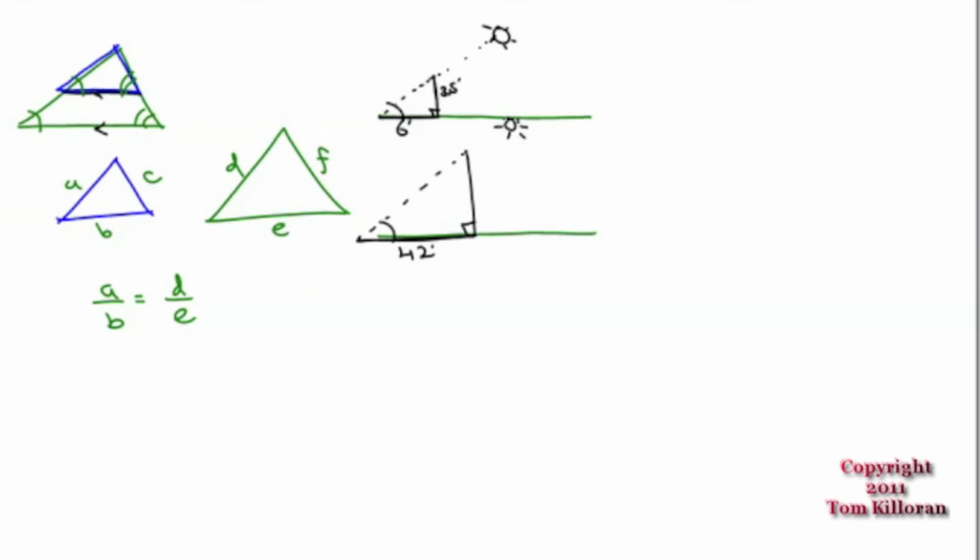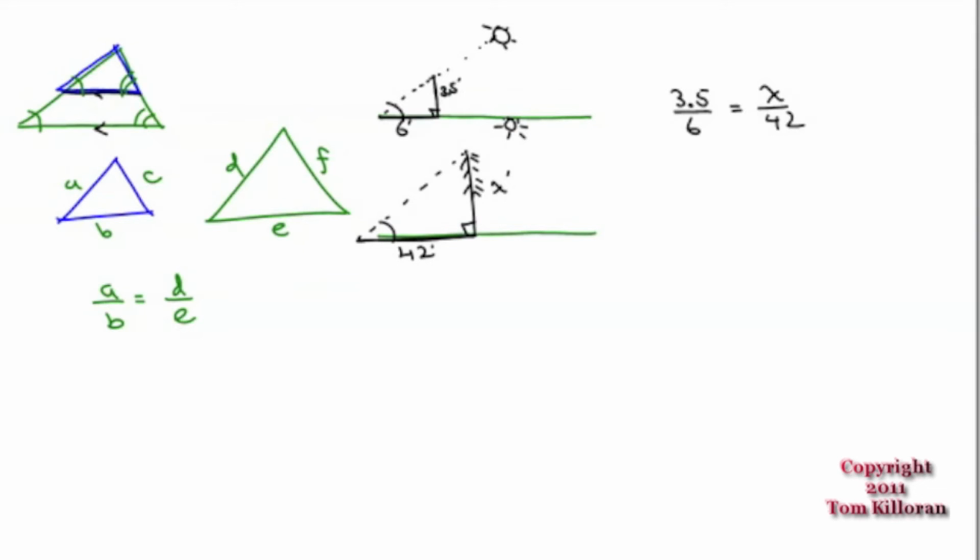Okay, so what's the unknown piece here? How tall the tree is. So if this is our tree, we're curious about how tall it is. All right, so how do you set up the proportion? 3.5 over 6 must equal x over 42. Wow, this is the easiest word problem in the world.